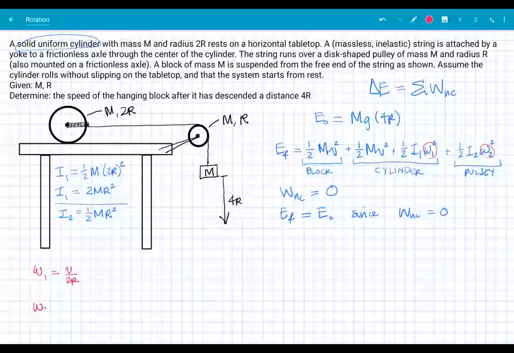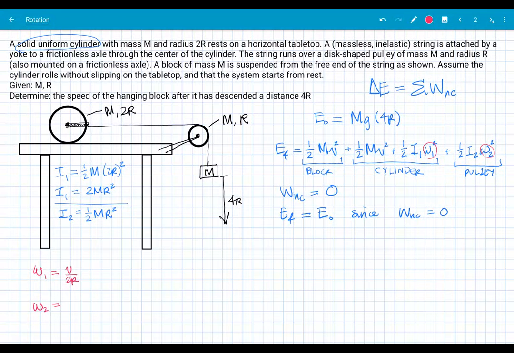Whereas my omega 2, for the pulley, is going to be equal to v over r. As you go back and forth between omegas and v's, they relate by radius, but you always have to make sure you're using the appropriate radius. So I use radius 2r for omega 1, which relates to the cylinder on the table, and r for omega 2, which relates to the pulley. Okay, so you can pop those in there.